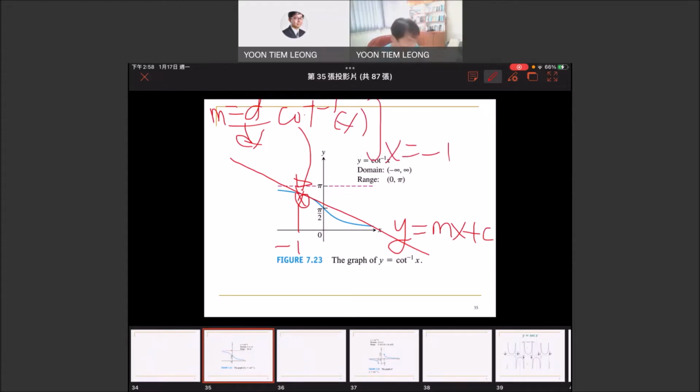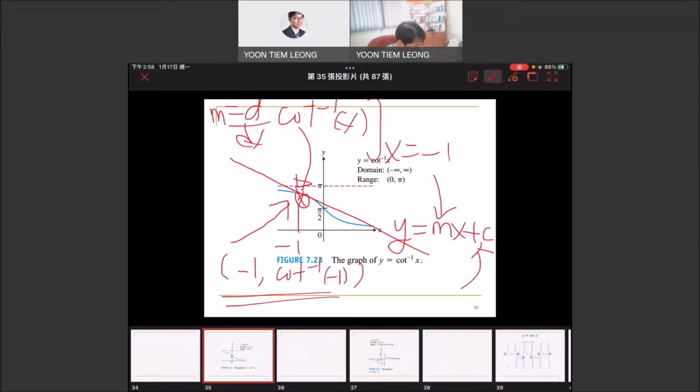Once you have calculated the value of the slope, then you would like to calculate the value of the constant, where the constant can be obtained by slotting in the coordinates at this point. And the coordinate at this point is x equals -1, and also the value of arccotangent at -1. Right? So this is the x coordinate and y coordinate.